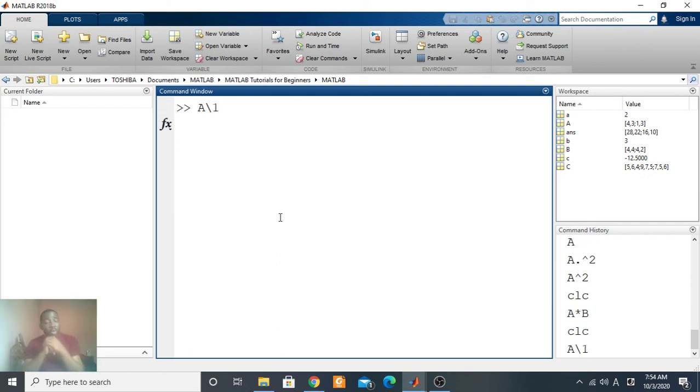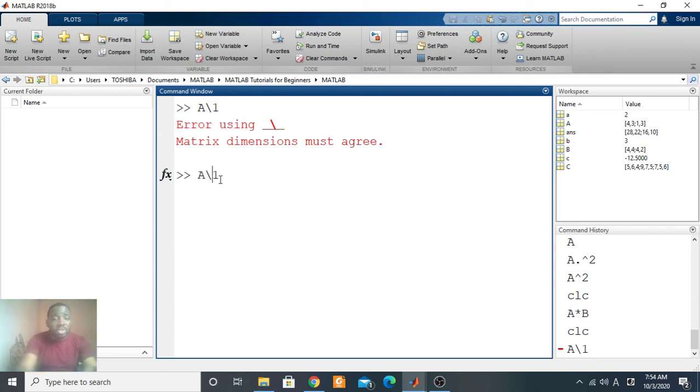All right? A way of saying that if you need to do A inverse and multiply it by any other matrix, dimensions must agree. All right, so let's just multiply it by B. All right, or maybe create the identity matrix here, right? So let's just do identity. Any matrix multiplied by the identity matrix is the matrix itself, right?